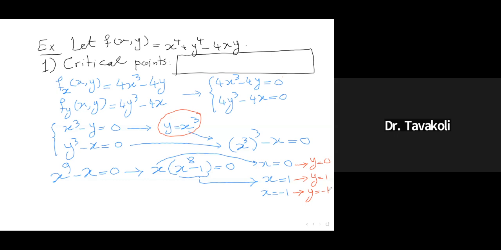So in fact, we have three critical points: the first point 0, 0; the next point 1, 1; and the last point minus 1, minus 1.